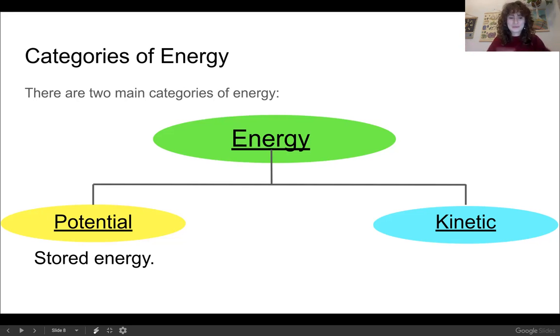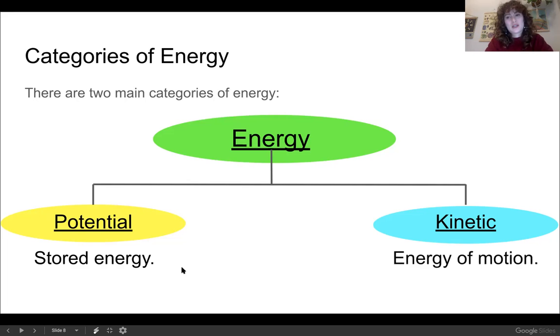Potential energy is stored energy. Think of a battery. A battery stores energy to be used later as electricity. That's an example of potential energy.